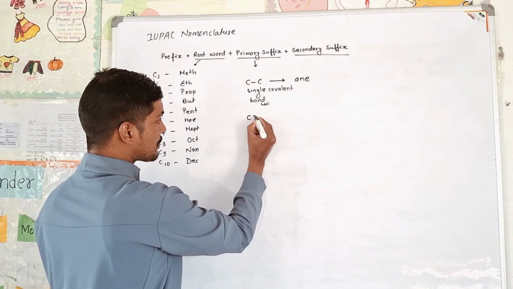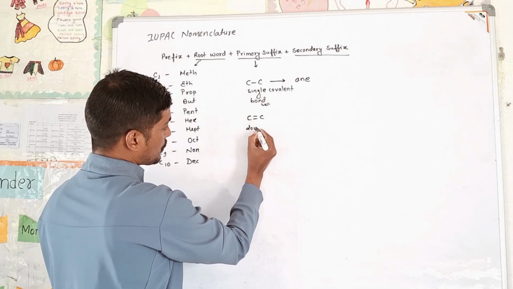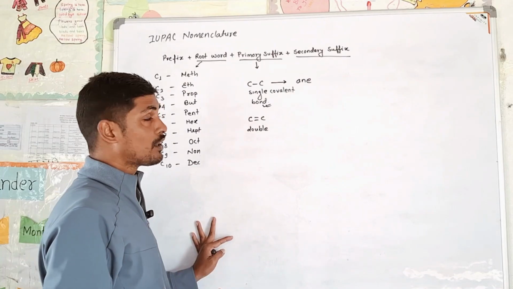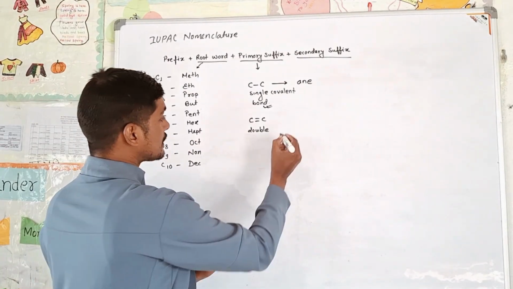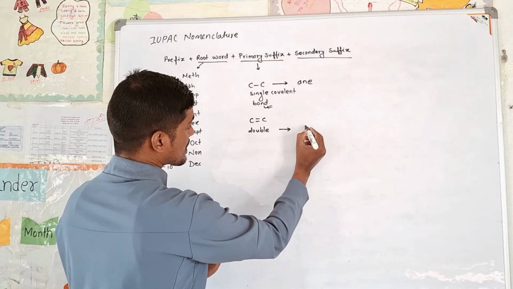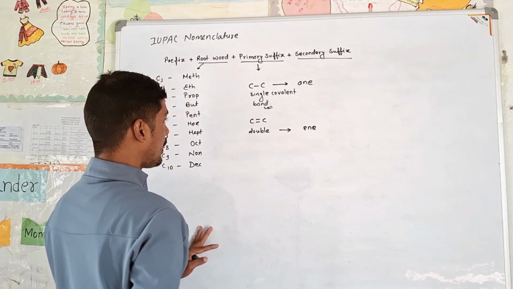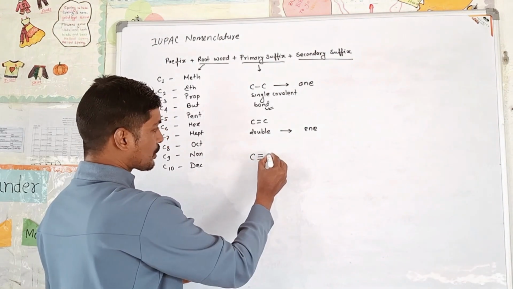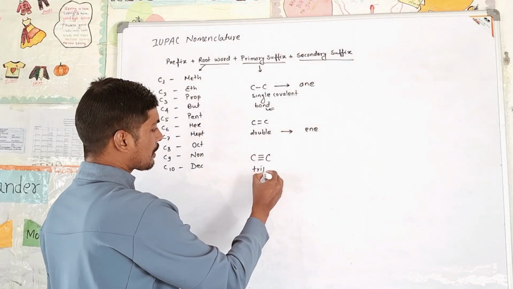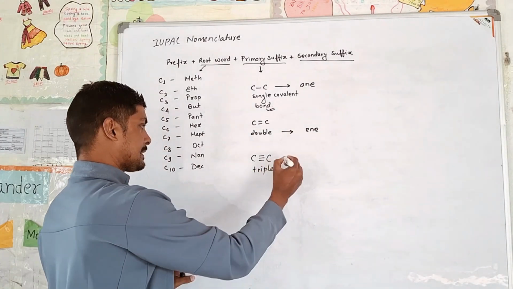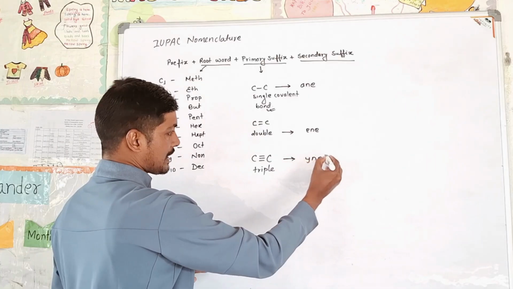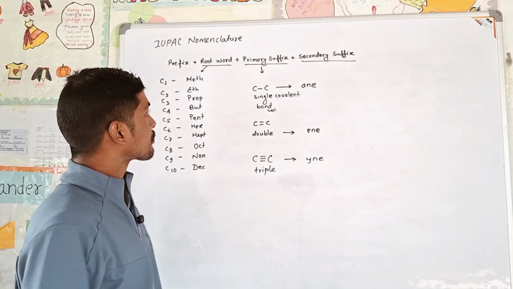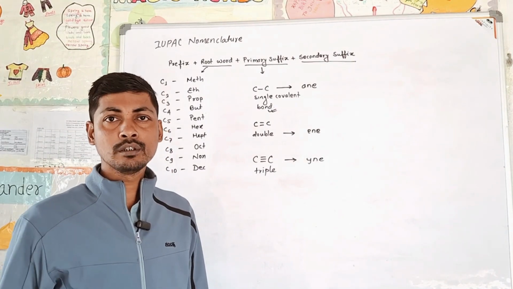If there is a double covalent bond between any two carbon atoms of the parent chain, then we use the suffix ene. And the third one is if there is a triple covalent bond between any two carbon atoms, then we use the suffix yne.